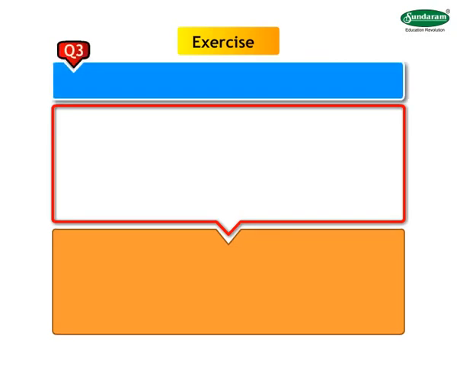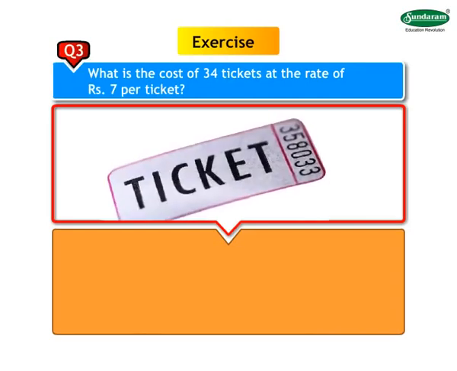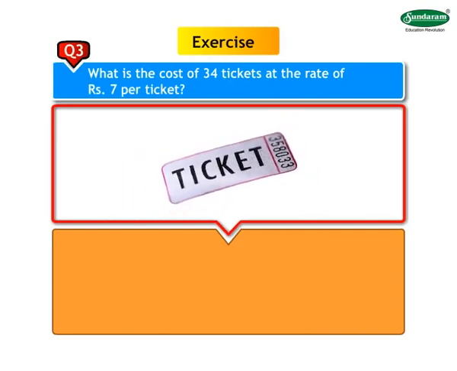Question 3. What is the cost of 34 tickets at the rate of rupees 7 per ticket? Here, the given information is the number of tickets is 34 and the cost of each ticket is rupees 7.